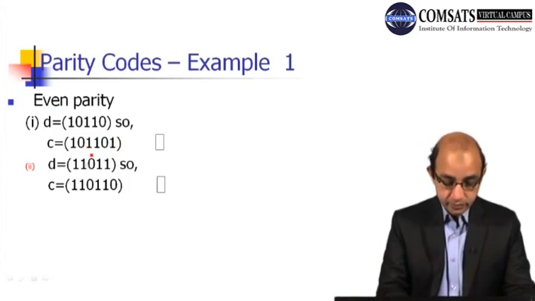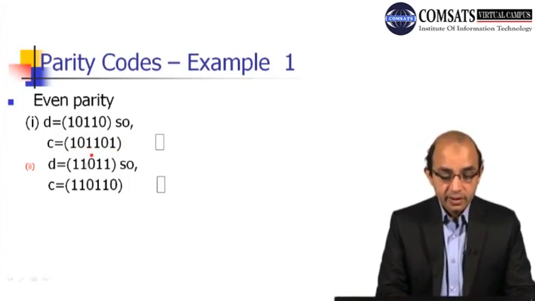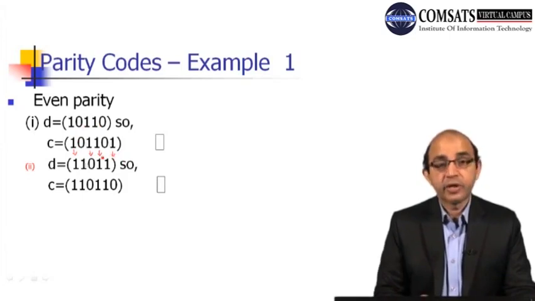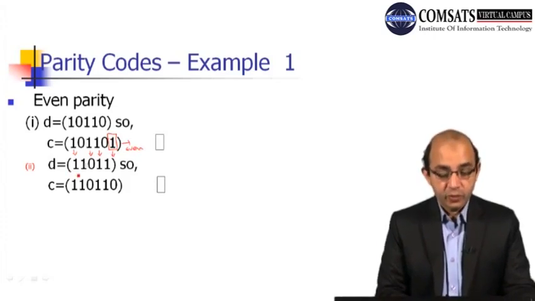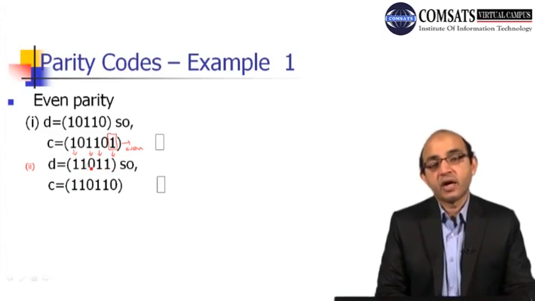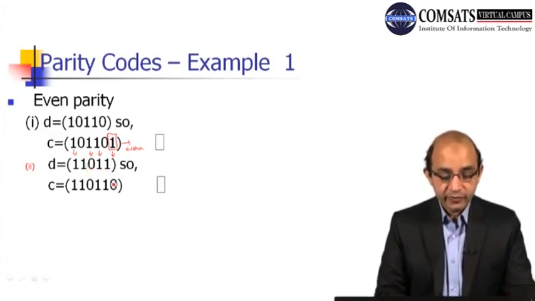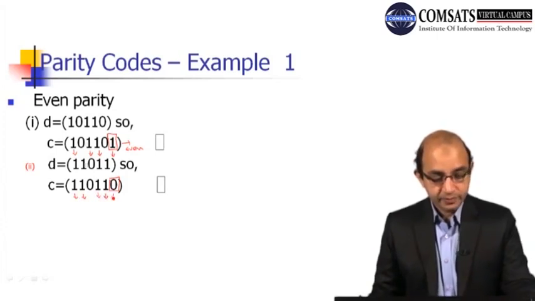Counting 1, 2, 3, 4, we have 4 ones, so it is even parity, and this is the redundant bit. Here we have the data 1, 2, 3, 4 ones, so the number of ones is already even, and we place 0 at the parity bit position.